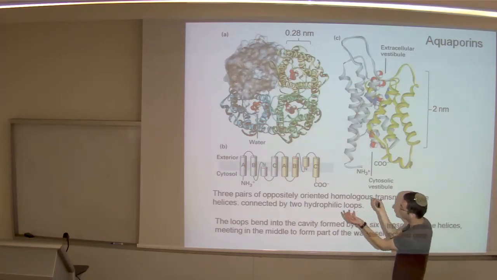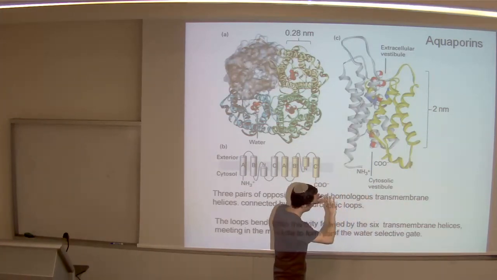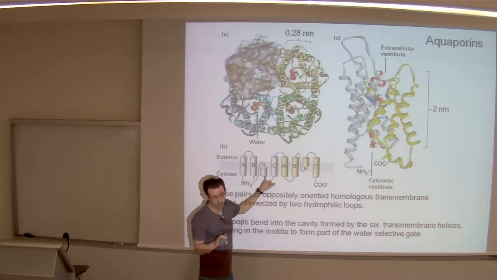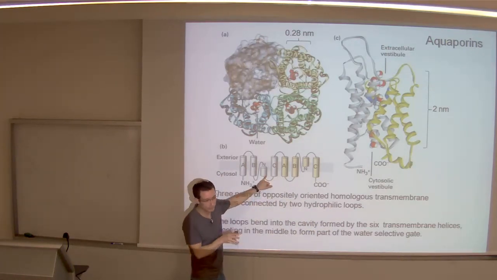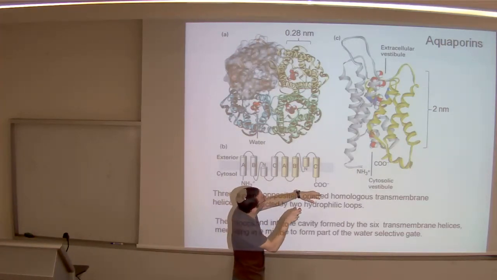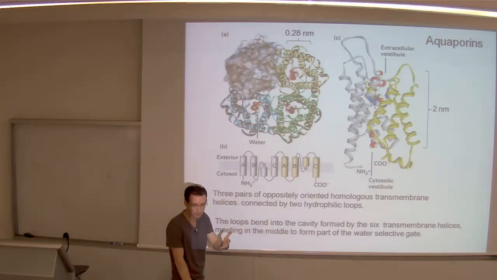Now if you fold the structure again, these alpha helices are the ones between which the channel is formed, and these two pores, pretty similar to the structure we've seen for the potassium channel, bend into the cavity and form the selectivity filter, this time for water.